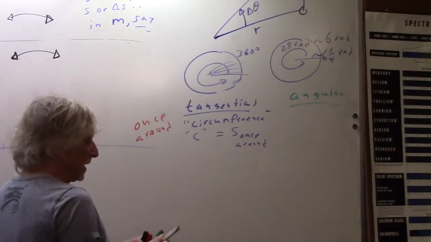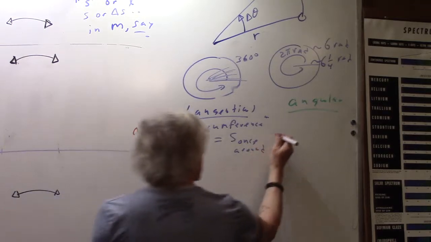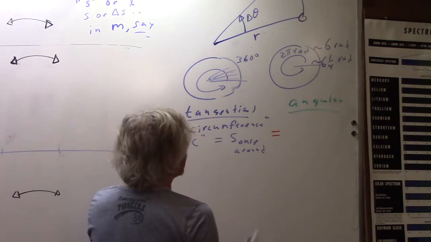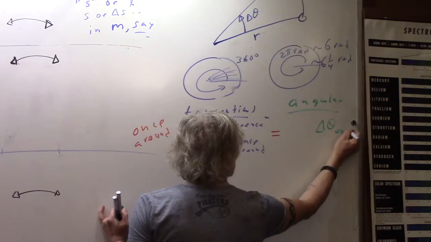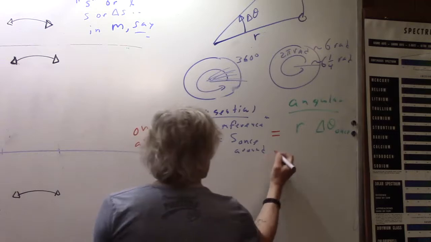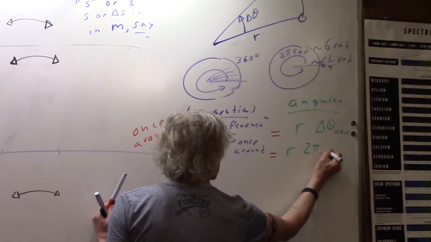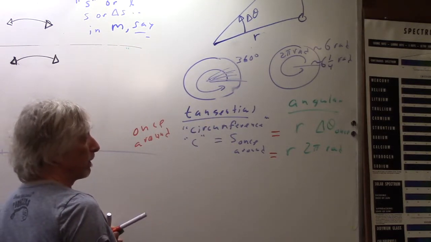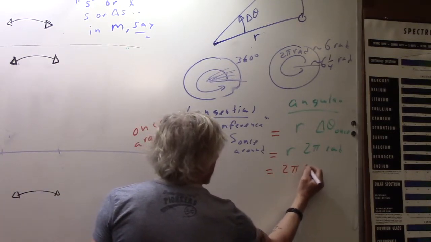And again, we can't say that's equal to an angle because they're not the same, but they are related to an angle. Once around, the angle delta theta once, times the radius, which is to say, of course, the radius times 2 pi radians, or, as we frequently write it, 2 pi r.